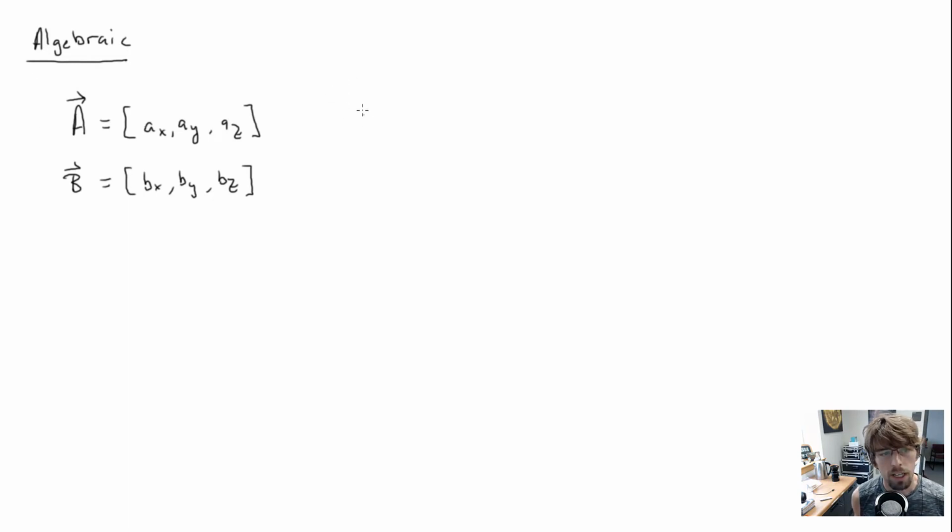So if we actually want to calculate the quantity, let's go here: A cross B. This is what we want to calculate, and notice I'm not using the magnitude signs now, so we'll actually get the direction as well. This is how I do it, and I recommend doing it this way until you're comfortable enough to shortcut it. What I'm going to do is very algorithmic. I'm going to write a 3x3 matrix, 3 columns, 3 rows.